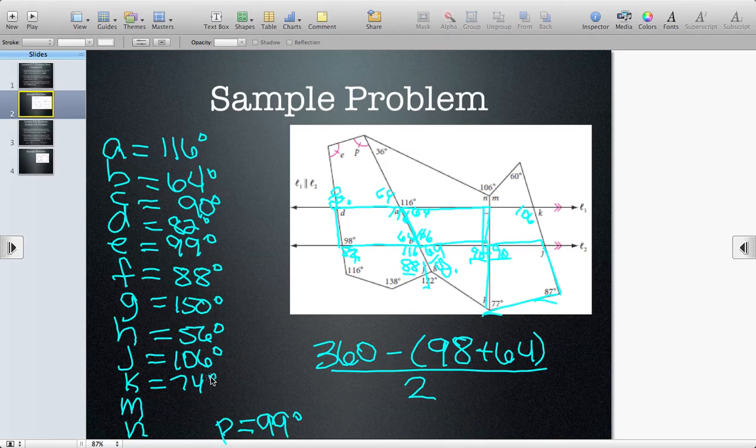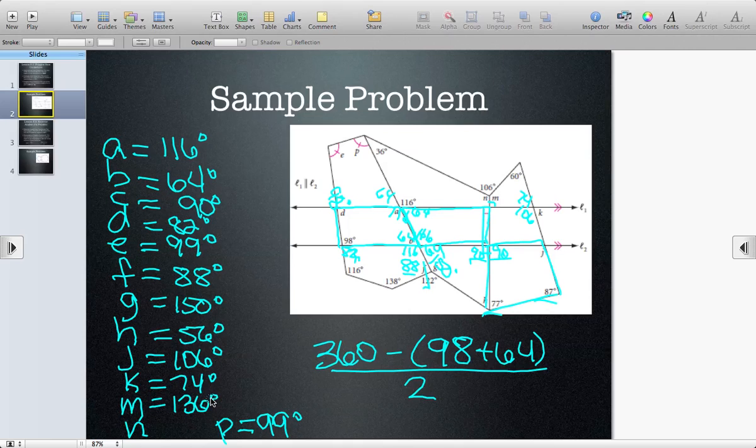And of course the angle that is vertical to angle K is going to be 74 degrees as well. And the angle that is vertical to the right angle is going to be a shocking right angle. Okay, so now another quadrilateral. And we can add 90 plus 74 plus 60, subtract from 360 degrees, and angle M is 136 degrees.